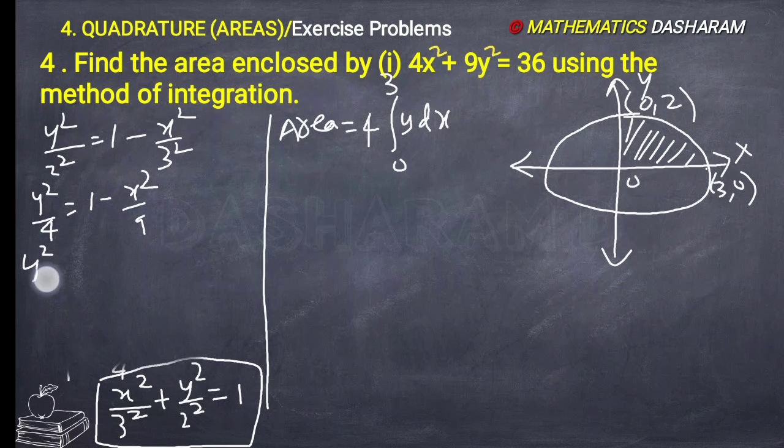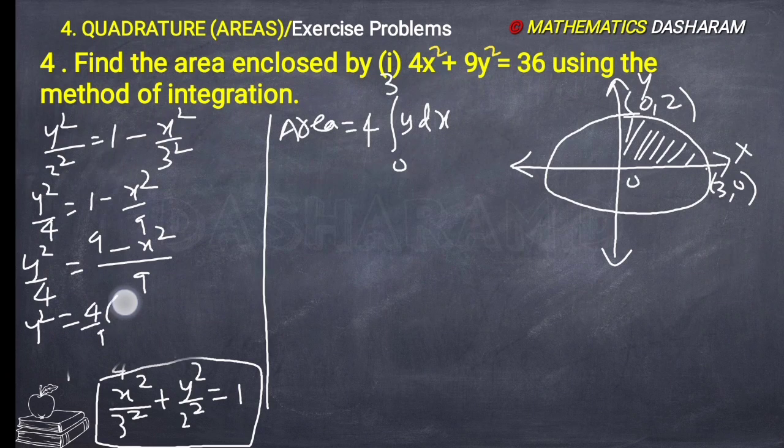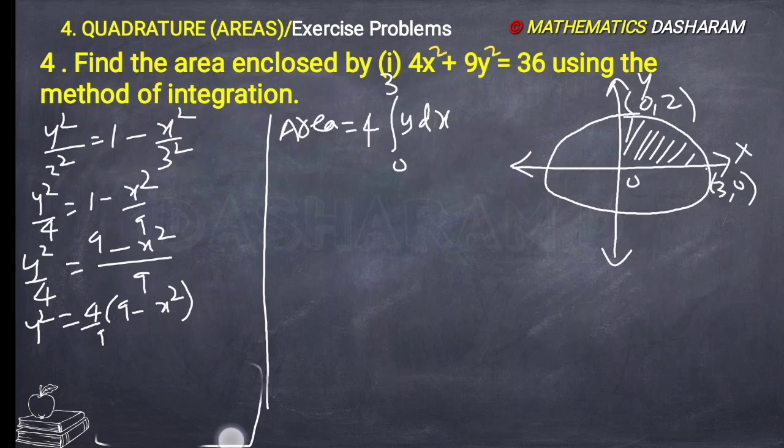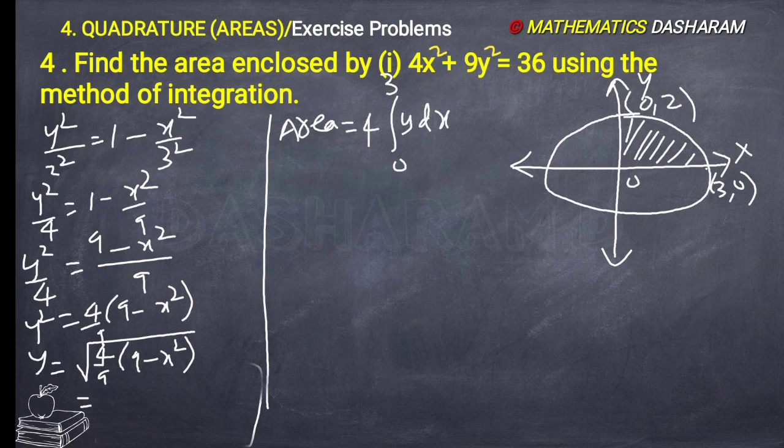So y square by 4 equals, here 9 is the LCM, (9 minus x square) by 9. Y square equals, 4 transposed to the right side, 4 by 9 into (9 minus x square). So y equals under root of 4 by 9 into (9 minus x square). Root 4 by 9 is 2 by 3 into under root, 9 means 3 square, minus x square.